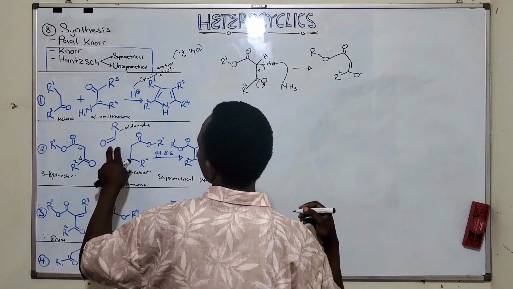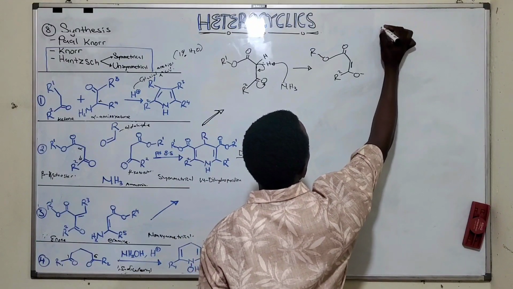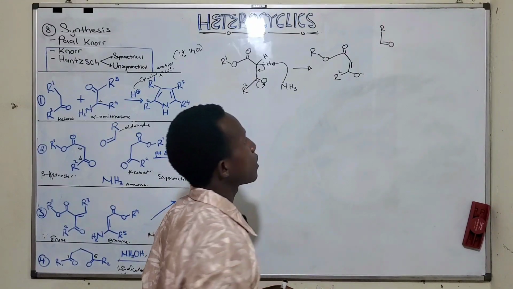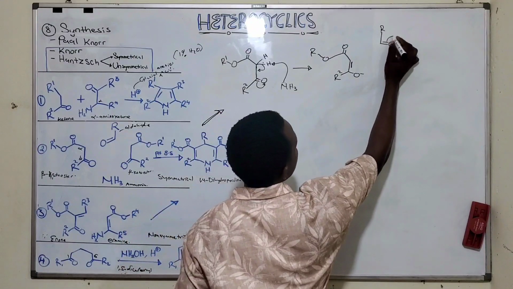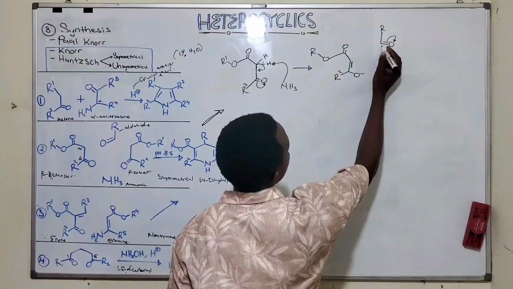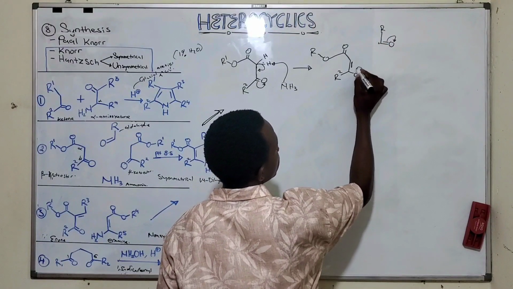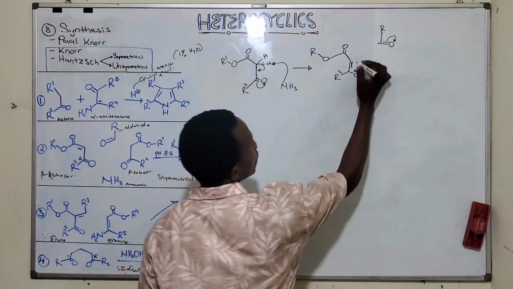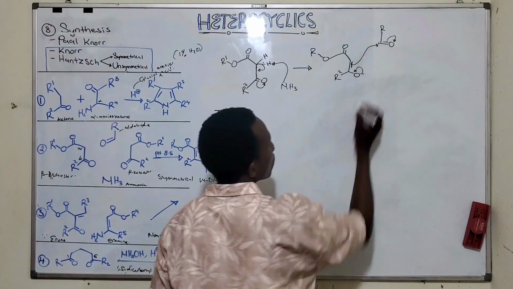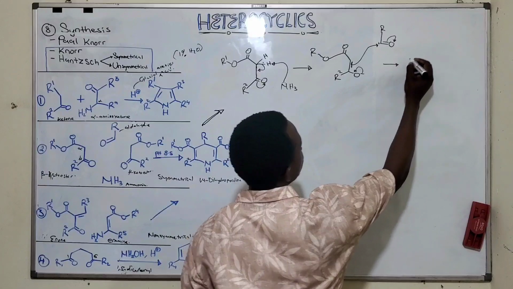Then we bring our aldehyde. We have our aldehyde. As oxygen takes up the electrons, since it is more electronegative, it creates a carbocation. That carbocation, as this one stabilizes, this bond attacks the carbocation.